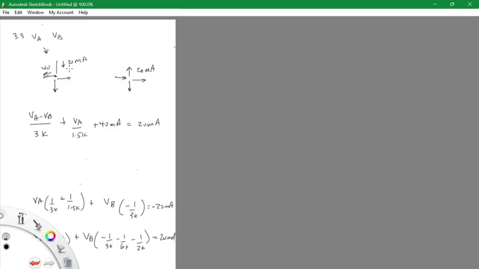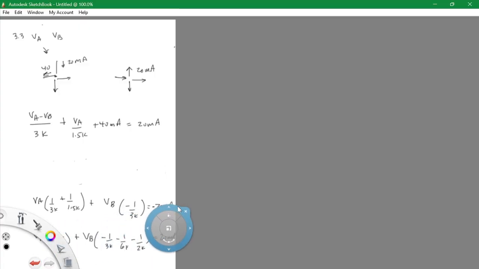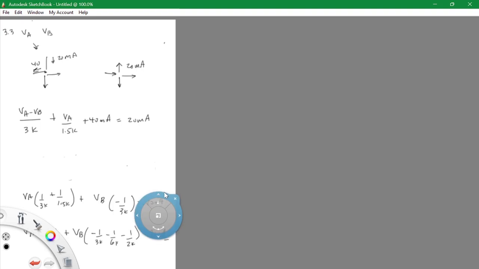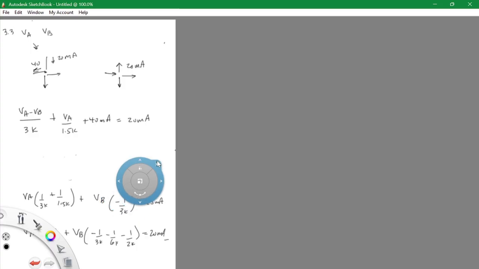See how there's like a little cursor on the merge selection? Maybe. Scale, rotate, scale. Okay.